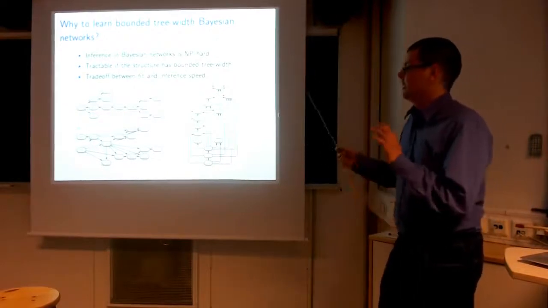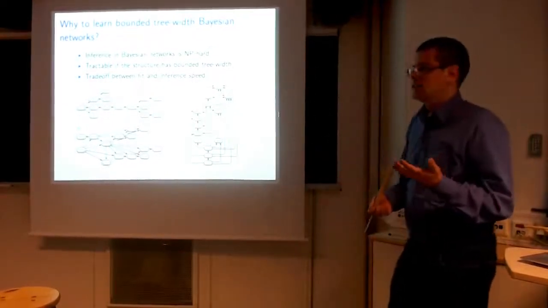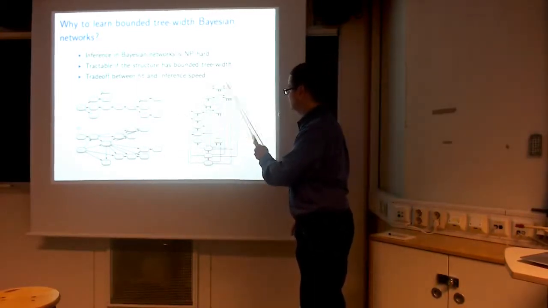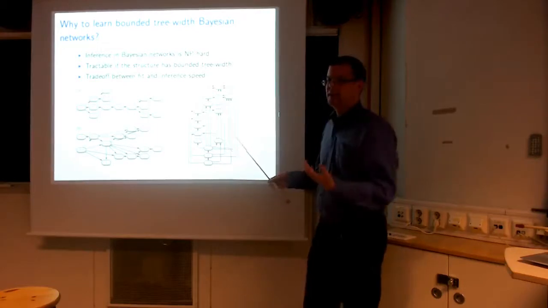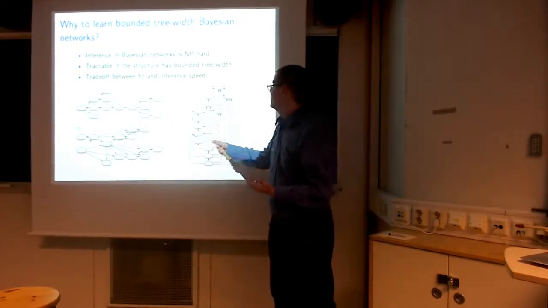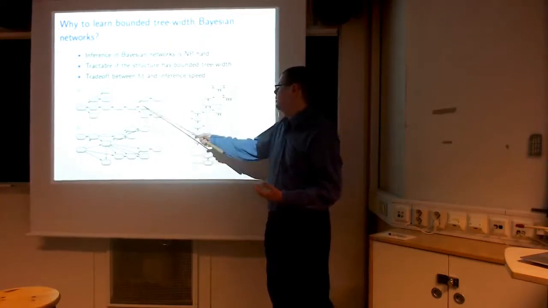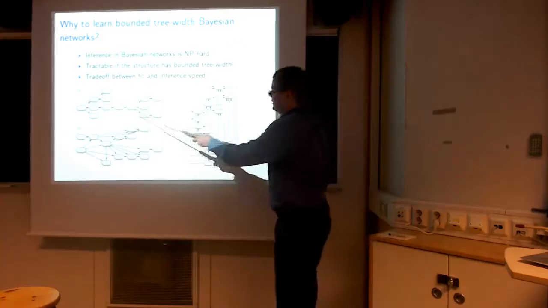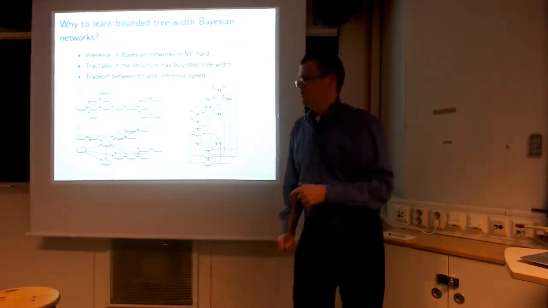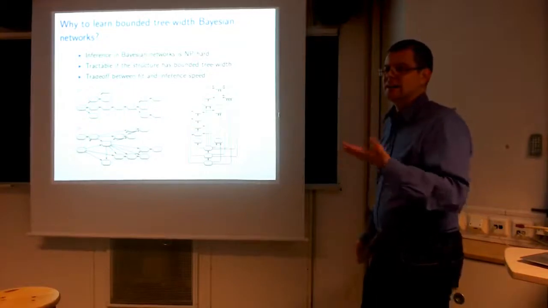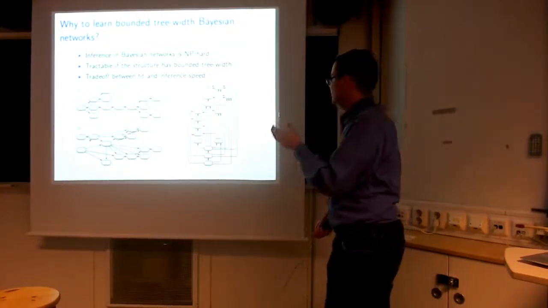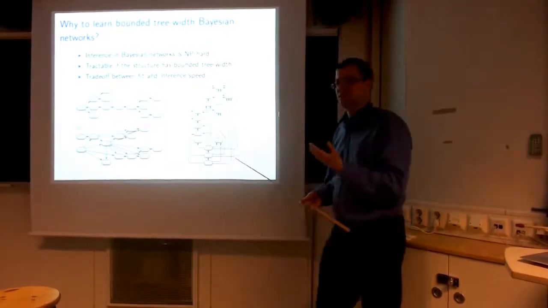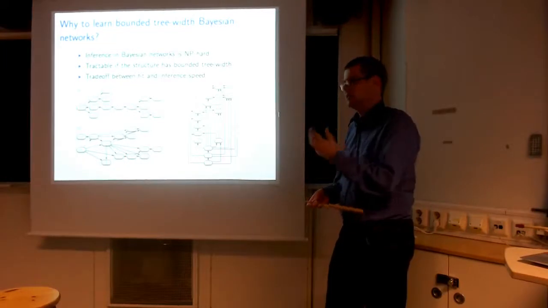However, there is no free lunch here. Here are some example networks learned from certain data sets. Here is a network without any constraints. This is the optimal network in general. This is the optimal tree width 1, and this is the optimal tree width 2 network. What we observed is that these low tree width networks are sparser. And from the beginning, we can recall that lack of an edge means that the variables are conditionally independent.